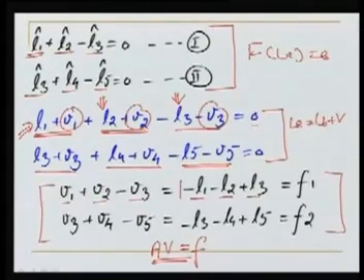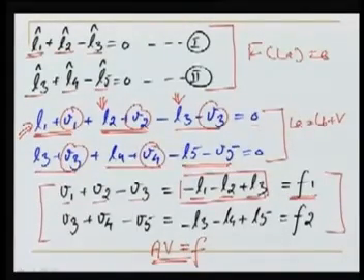And mind it, all these three are known, because these are the observations, something which we observed in the field. So we write these three as a constant F1. Similarly, for the second equation, V3 plus V4 minus V5 is again another constant.